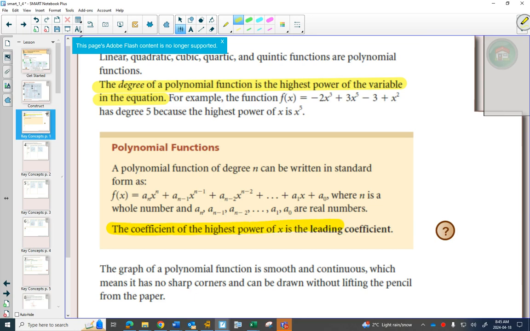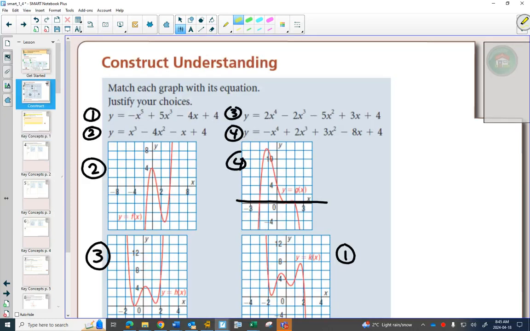The number in front of that highest power is called the leading coefficient. And the leading coefficient is going to tell us a lot about the graph and give us some hints. Like we saw in these previous ones, we noticed that with the x to the 4, when it was negative, it opened down just like a parabola, and when it was positive, it opened up just like a parabola.